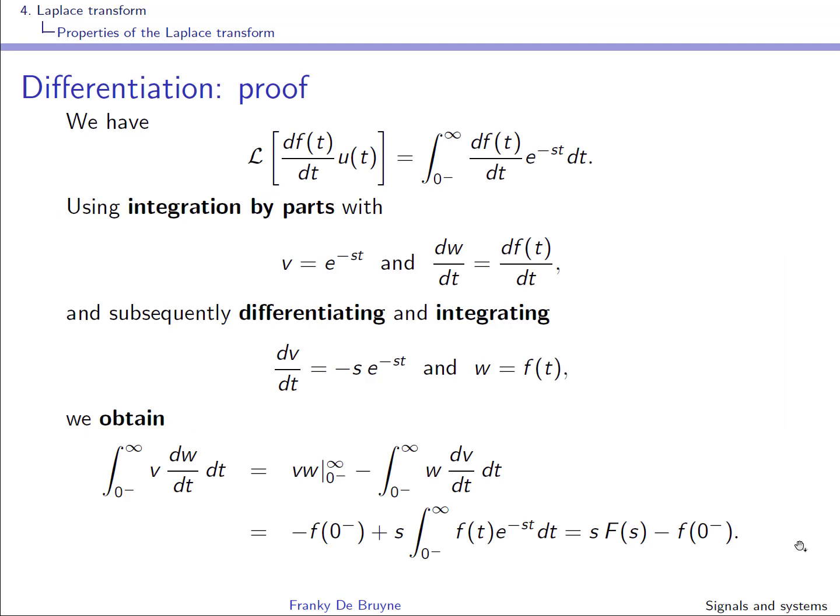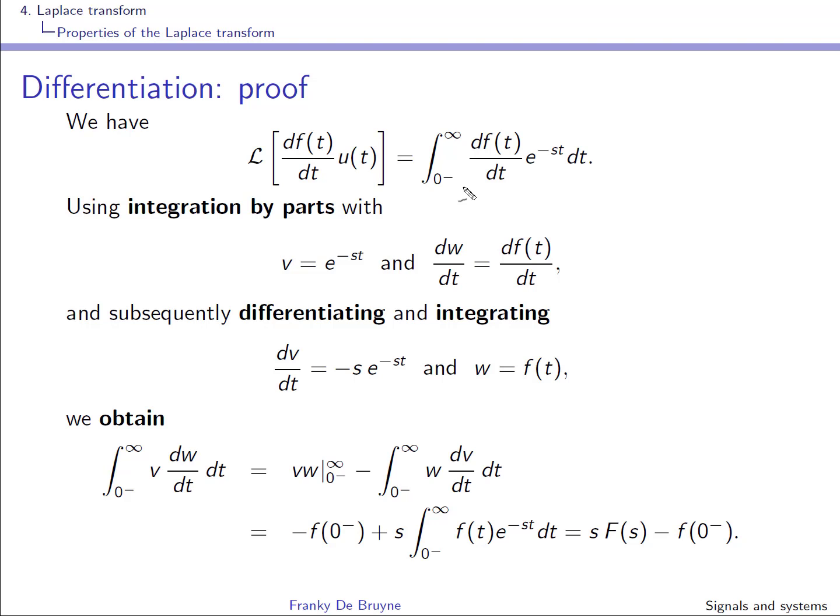So let's show that the Laplace transform of the derivative is indeed what we have shown on the previous slide. What we use here is just the definition of the Laplace transform. The 0 minus is there for these exotic cases where you have a Dirac impulse. As I've said, in practice, just don't mind about this and just put a 0.